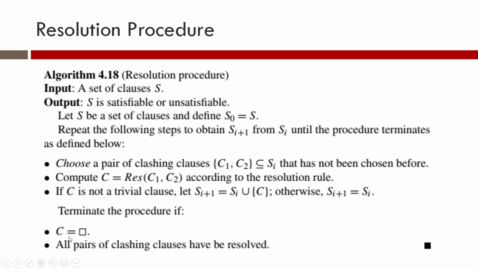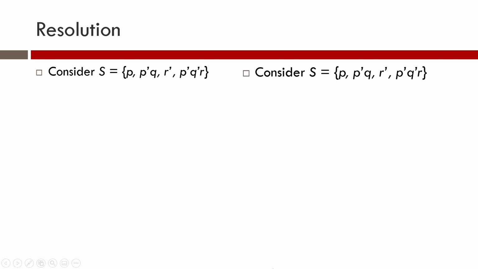And terminate the procedure whenever C is an empty clause. If you get an empty clause, then you can terminate the procedure. If you are not getting an empty clause for any of the sequences, then you can say that the formula is satisfiable. Now let us consider an example.